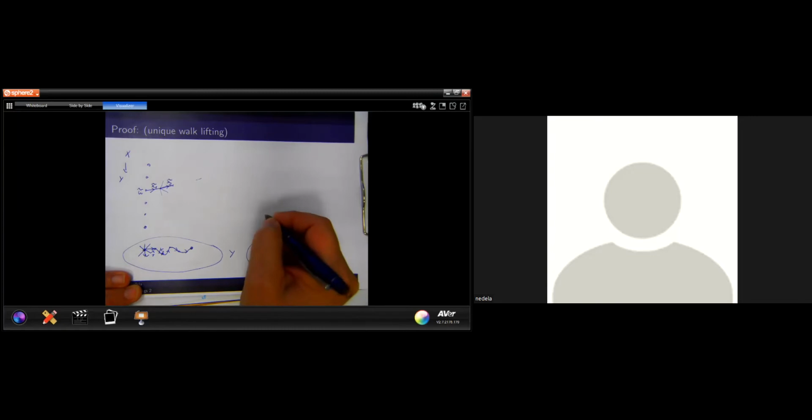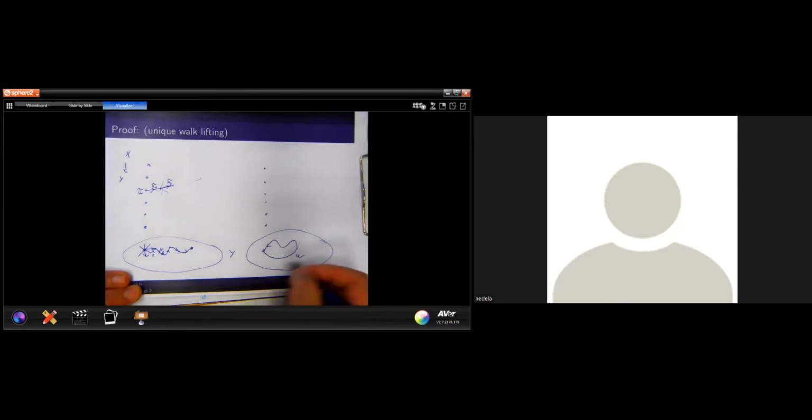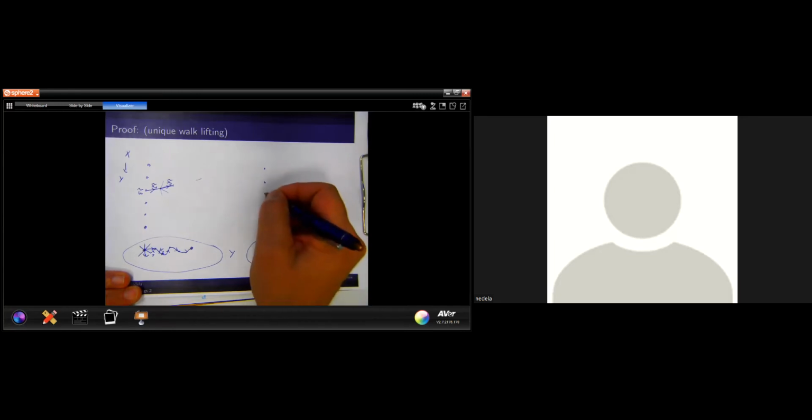And again, we have this situation. How is this closed walk lifted? Due to the unique walk lifting lemma, for each vertex there is exactly one lift, but it may no longer be closed. So it can look like this. Here it can be closed. Here it can be like this.